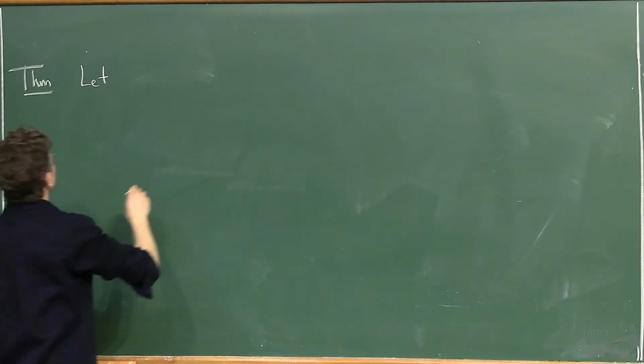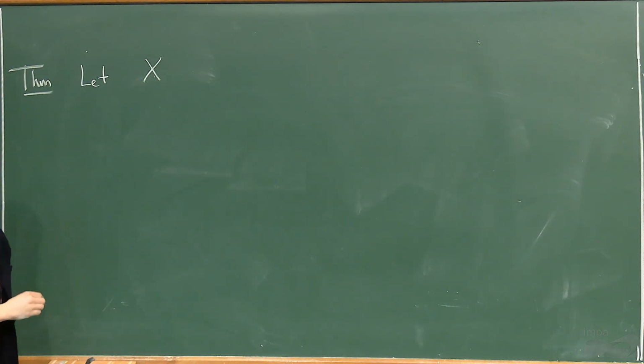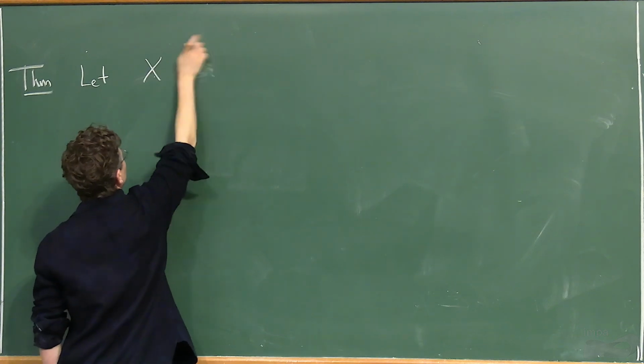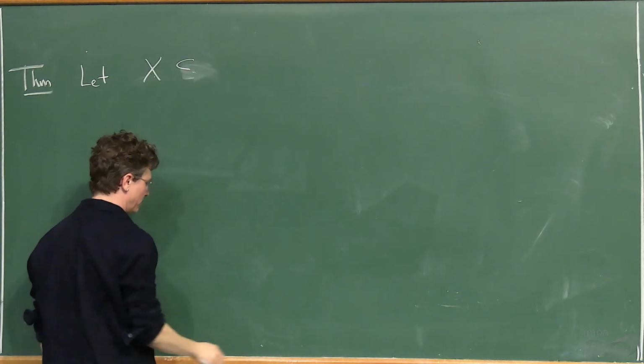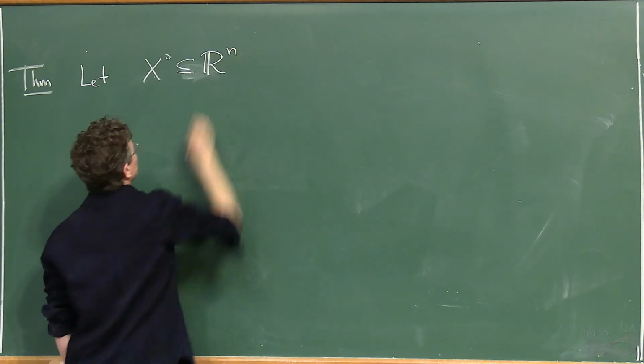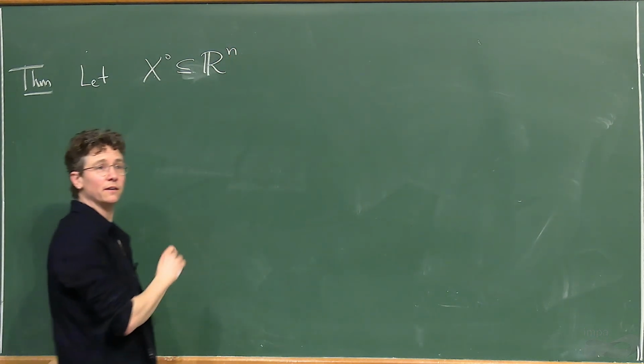So let's let X0 in R^n be a compact tropical variety.